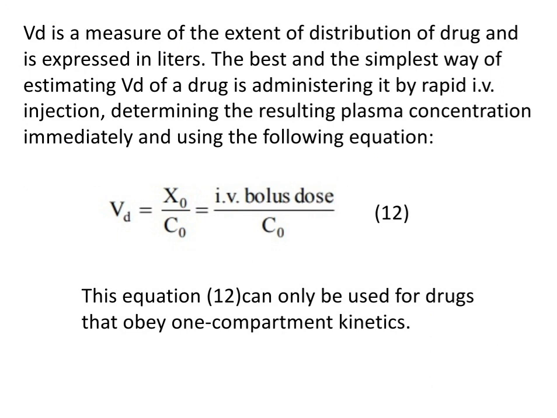Vd is a measure of the extent of distribution of drug and is expressed in liters. The best and the simplest way of estimating Vd of a drug is administering it by rapid IV injection, determining the resulting plasma concentration immediately, and using the following equation. Vd = X0/C0 = IV bolus dose/C0, equation 12. This equation 12 can only be used for drugs that obey one compartment kinetics.